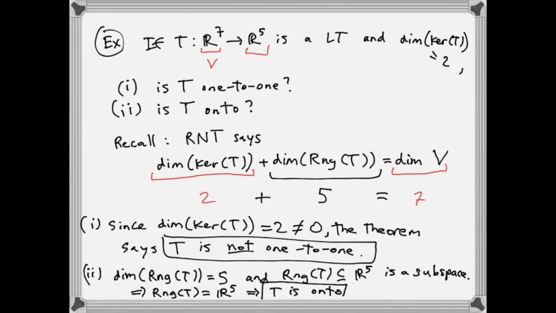All right. Let's go ahead and try another example here. So let T, which goes from, this time, R3 to R6, be a linear transformation.